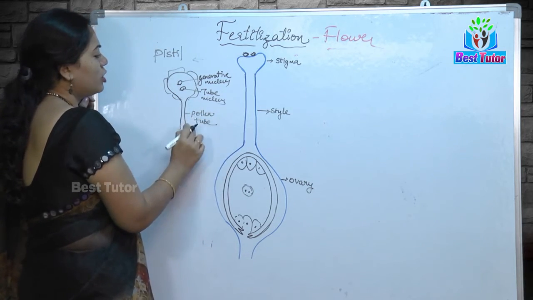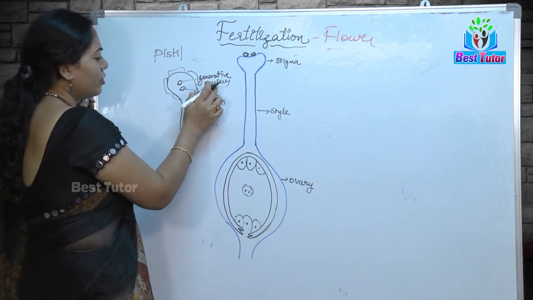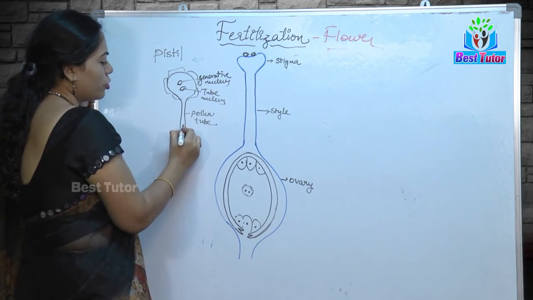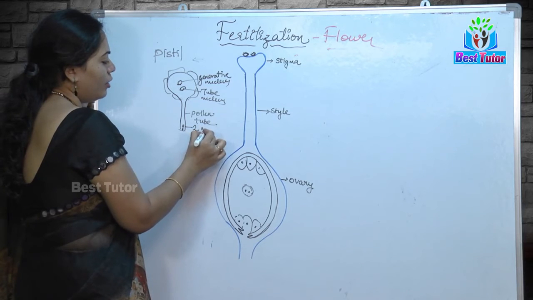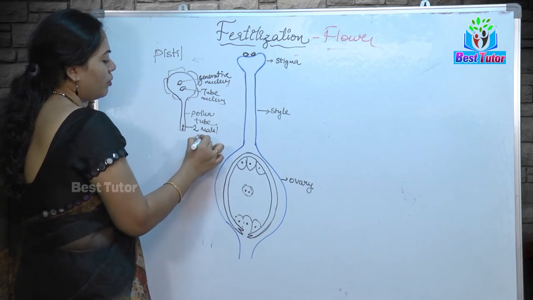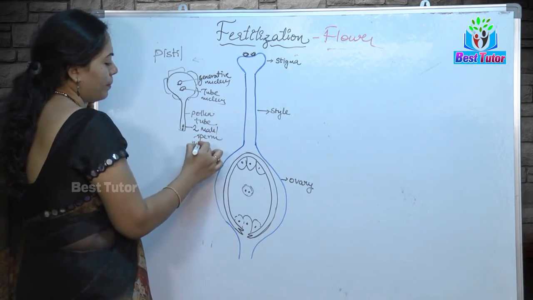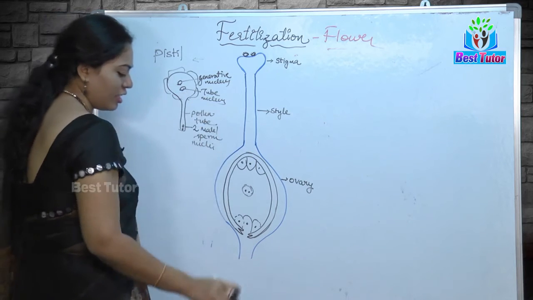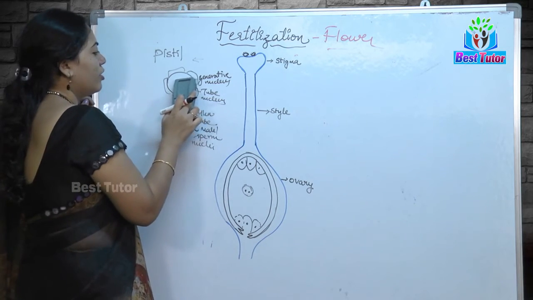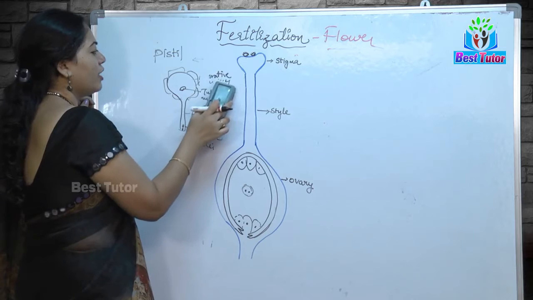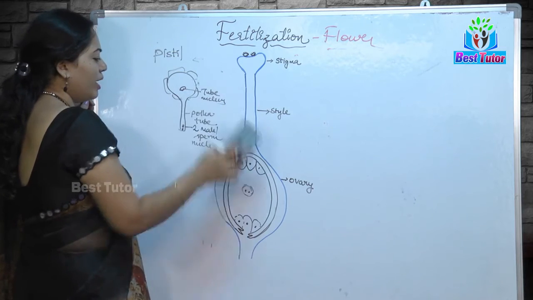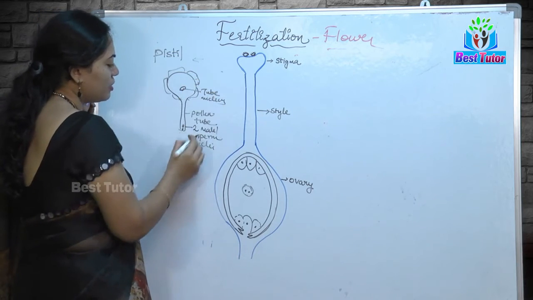Now, this pollen tube will carry the generative nucleus, which forms two male nuclei or sperm nuclei. Now, what happens? The generative nucleus which we have shown will form two nuclei known as the male nuclei, two male nuclei are the sperm nuclei.